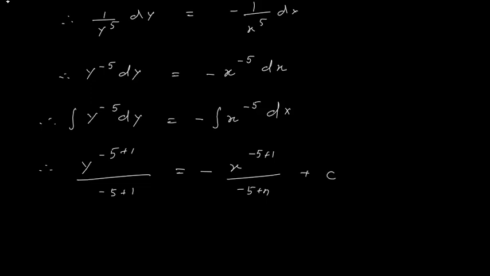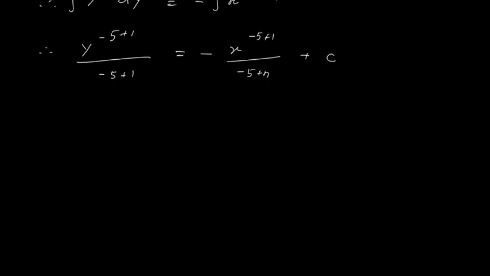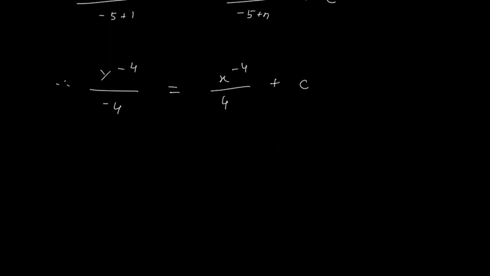So therefore we get here y power minus 4 upon minus 4 is equal to x power minus 4 upon, now this minus sign and minus sign will cancel, so here it will become plus 4 only, plus c. So therefore we can see that y power minus 4 is equal to, I will multiply by minus 4, so here it will become minus x power minus 4 minus 4c.